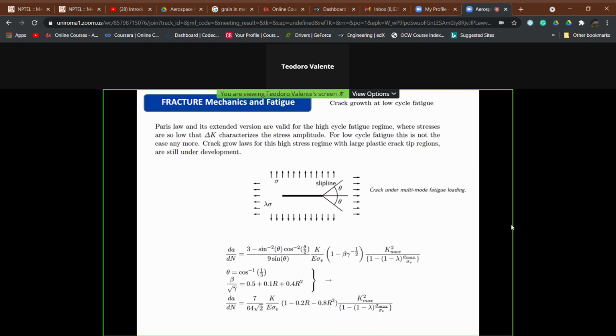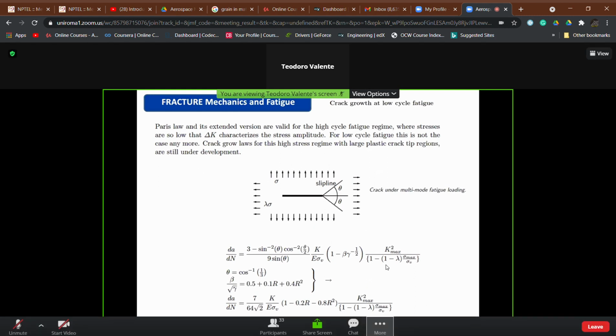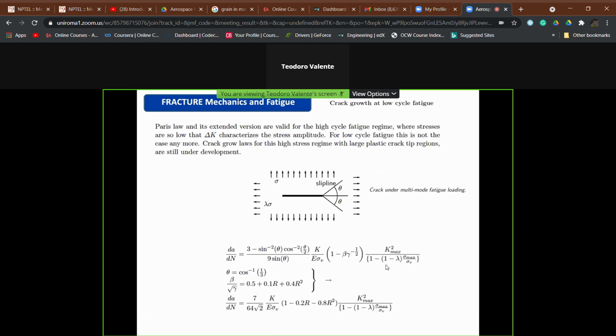But for us as designers, as engineers, we usually put our components in a way to work such that if we do have a fatigue problem, we can have only high cycle fatigue problems, because this means that the fatigue life of the component itself is, let me say, the maximum possible.